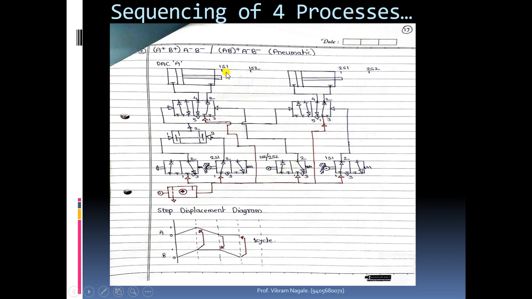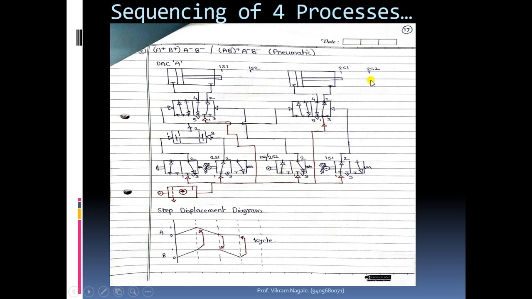So here, after completion of the third process, that is after pressing of this 1s1, what will happen? This 1s1, yes, here it is. So 1s1 will get pressed and it will apply pressure on this side. So the rod end has to move to the left side of this.